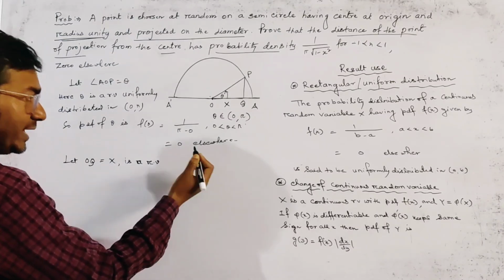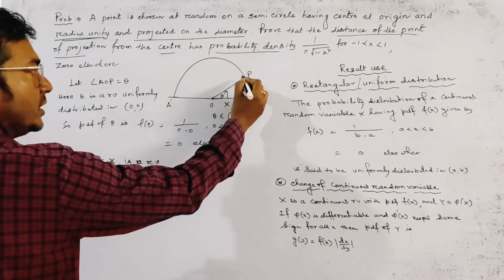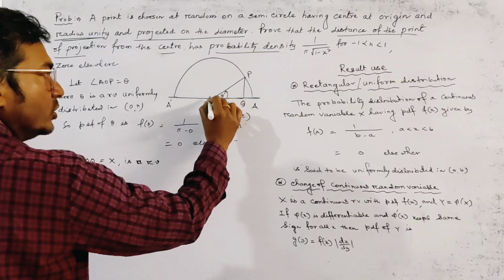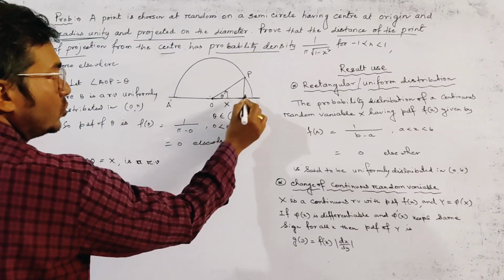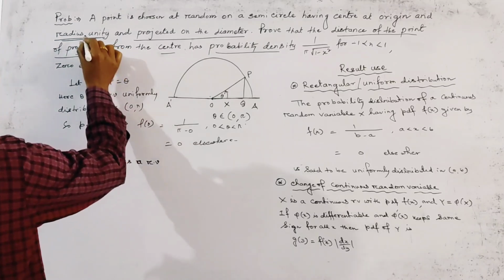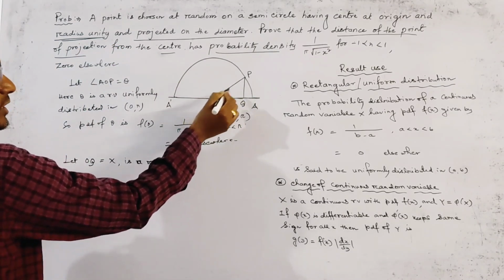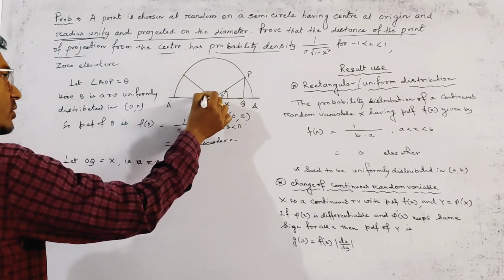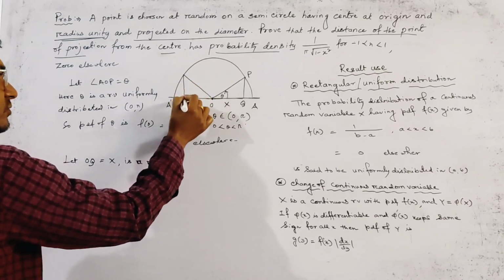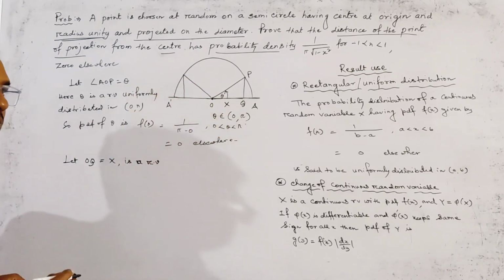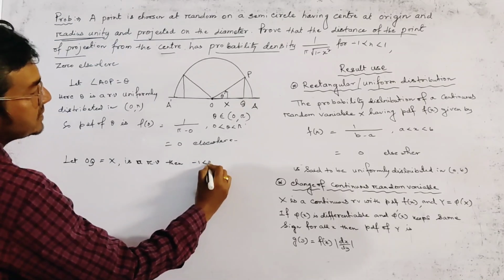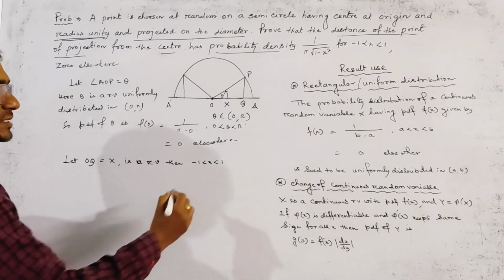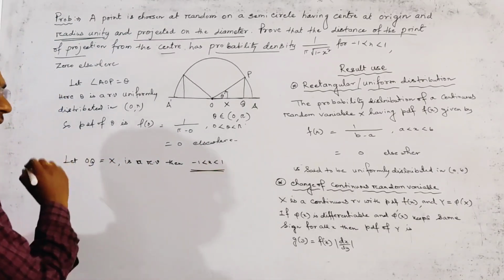The range of the random variable is: if we take the point P on the right side of O, then the variable is 0 to 1 because the radius is unity, and if we take P on the left side of O, then it is from 0 to minus 1. So we say minus 1 less than x less than 1. This is the range of the random variable capital X.